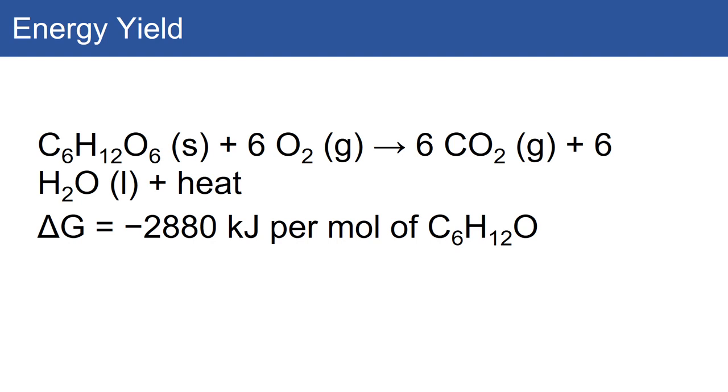This is the important part of what we have. At the end of the day, the goal is to generate energy. You can see we take in glucose and oxygen, a very important component. We'll talk about this again as well. And we generate 6 carbon dioxide, water, and heat, and the energy is captured as ATP. So we get a delta G of negative 2,800, almost 2,900 kilojoules per mole of glucose.